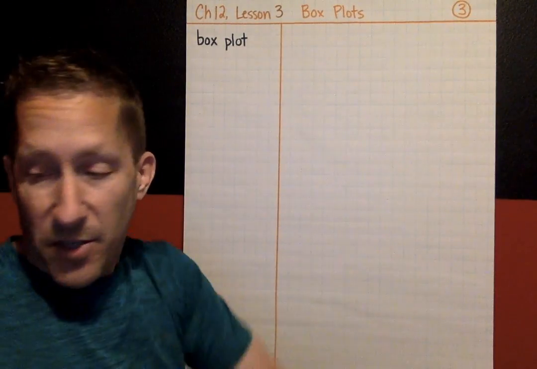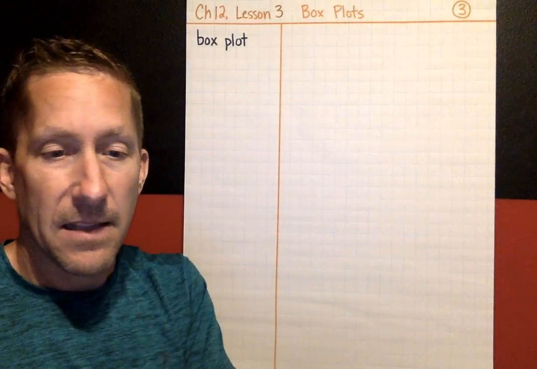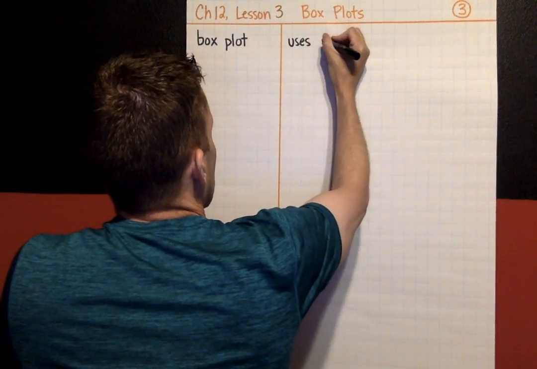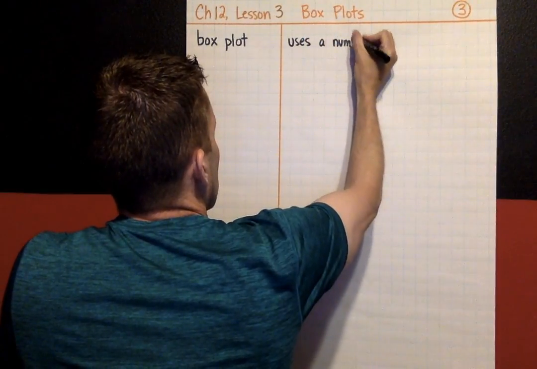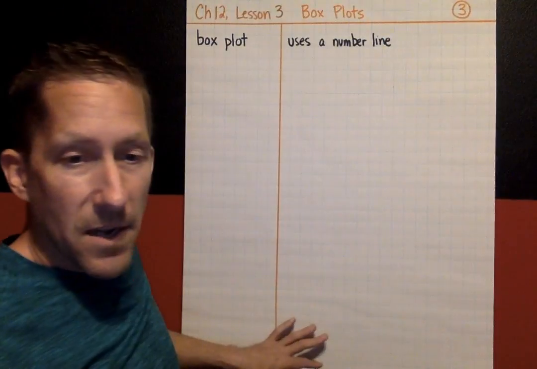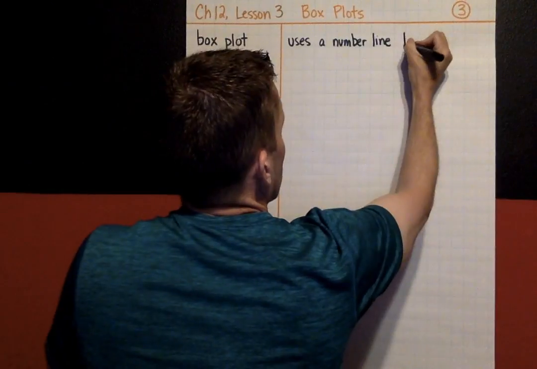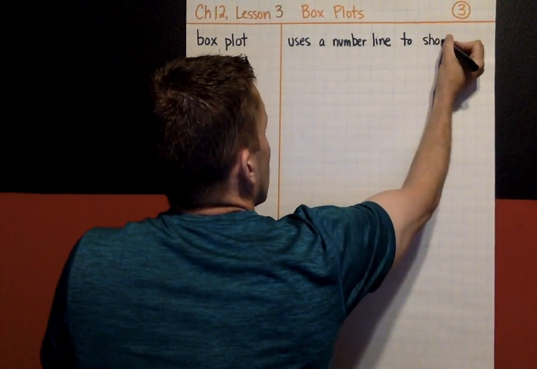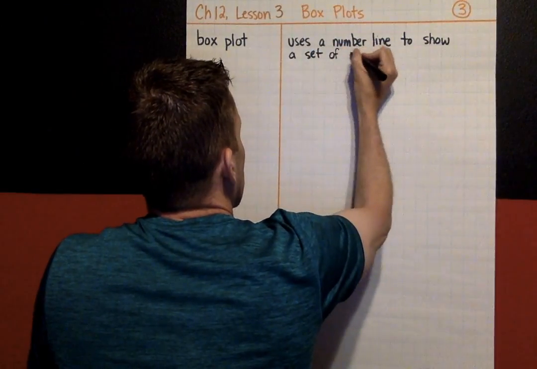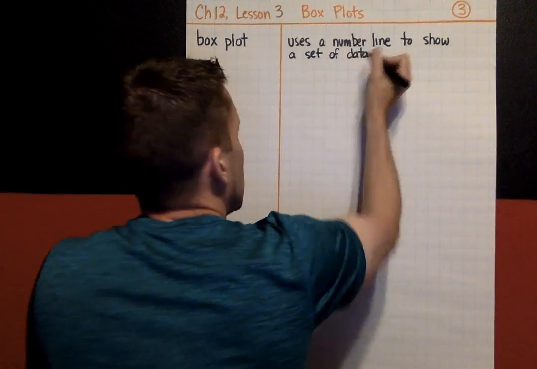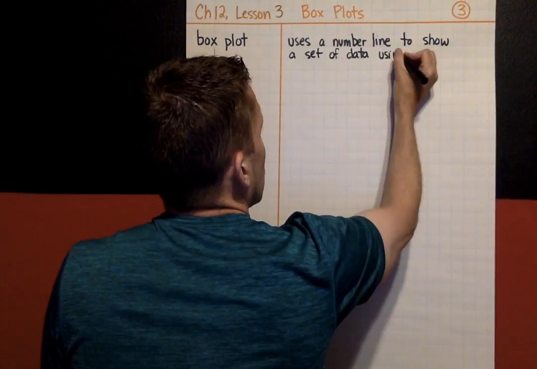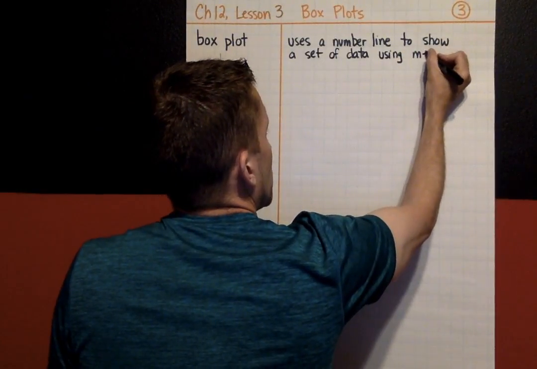Box plot, the definition of a box plot is this. It uses a number line to show a set of data using the median, which we've done.